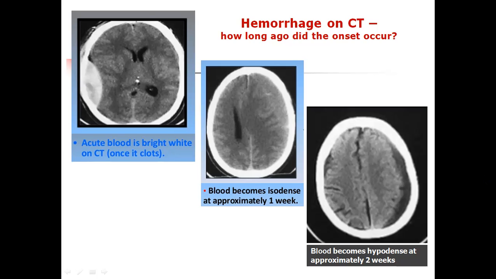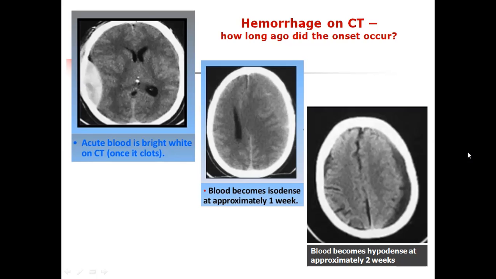After 1 week from the onset, blood becomes isodense, and this area with blood is isodense to the surrounding gray matter and can hardly be distinguished from it.